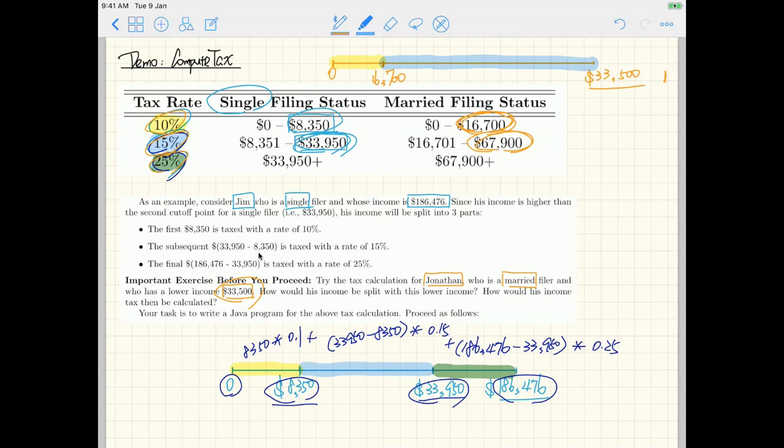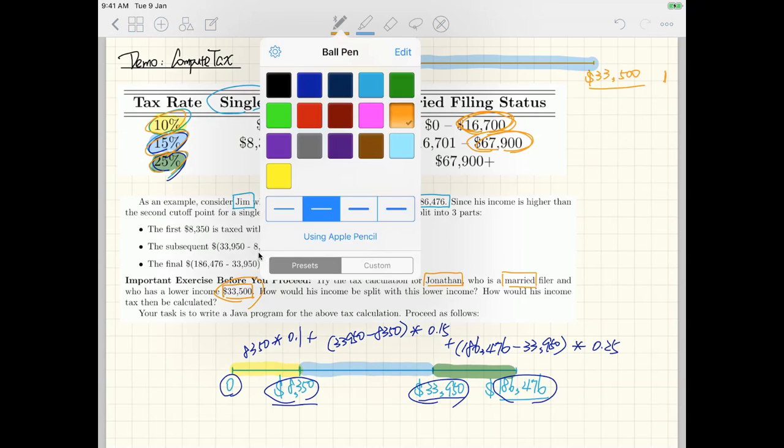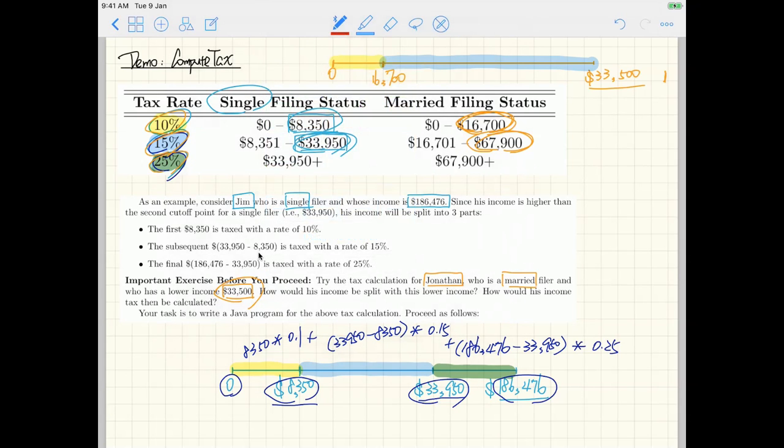So now how do we do that? Easy. For the yellow part, it's from 0 until the first cutoff point. So it's going to be 16,700 minus 0, multiplied by 10%, 0.1, plus the blue part, which is Jonathan's income minus the first cutoff point, so 33,500 minus 16,700, and then it's going to be 15%.